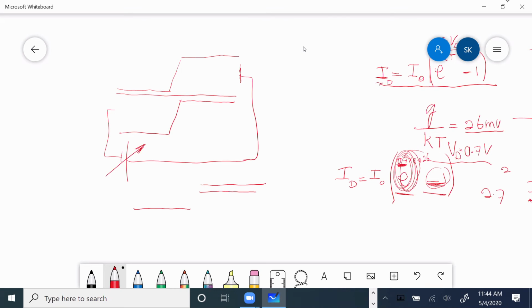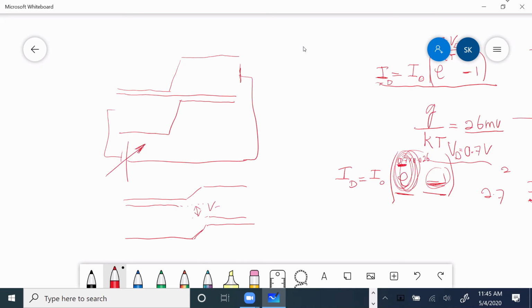Now when we apply the voltage, the Fermi level goes up.